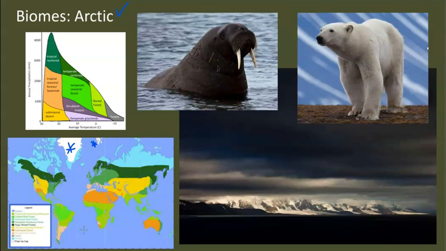In this situation, we have near permanent low temperatures and low precipitation. In fact, on Whittaker's diagram, the polar zones would be in this location here and not actually drawn on this particular Whittaker diagram. With low rainfall, since most of that occurs as snow and then forms ice, it's not available to biological systems.